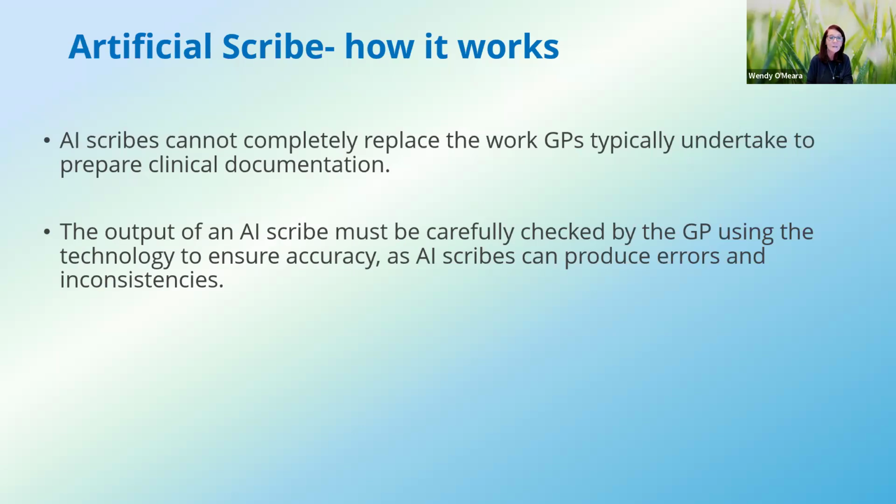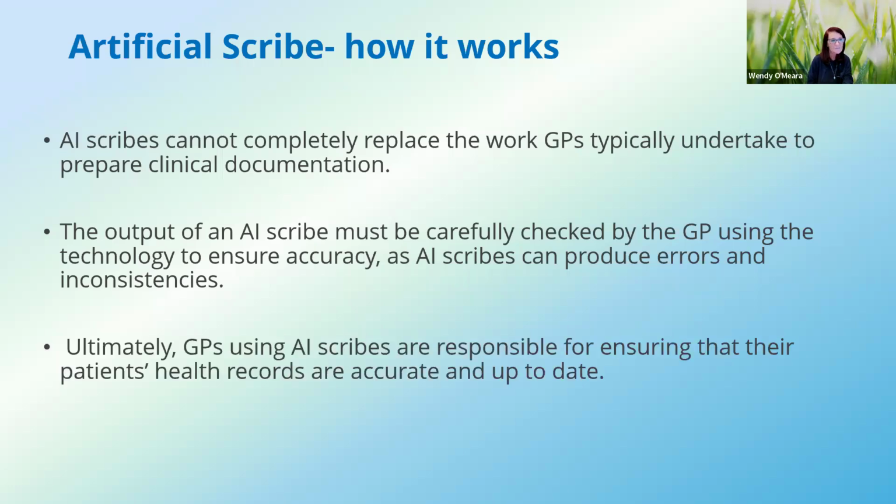So I might say a word which AI picks up as something else, therefore changing the whole context of that sentence. So it's important that you regularly review those notes and make sure that they're relevant. Because ultimately, GPs using AI Scribe are responsible for ensuring that their patients' health records are accurate and up to date.